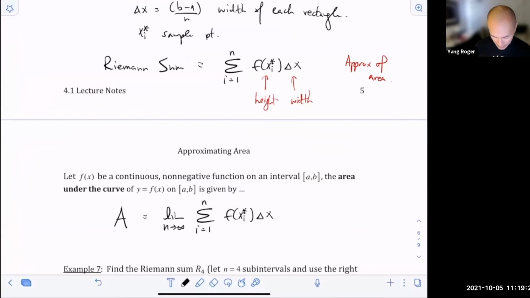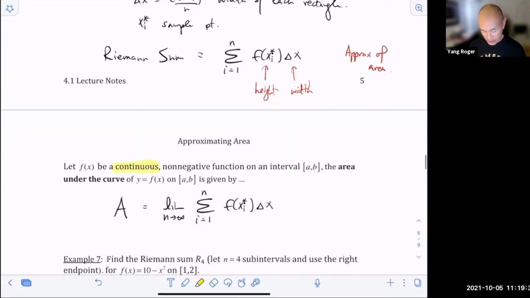Now I want to point out something. There is this requirement that our function is continuous. And why do we need a continuous function? We don't really want a jump discontinuity within our interval, because if there's a jump discontinuity, there could be a big difference between the left endpoint and the right endpoint.